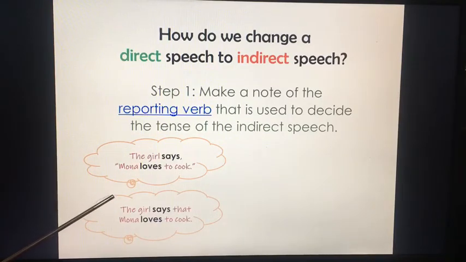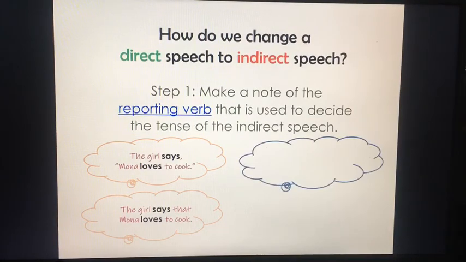When you write that in indirect speech, take note, because the reporting verb is in the present tense, when you change the actual words, the tense is retained. So here, "Mona loves to cook" stays as "Mona loves to cook," which is both in the present tense.